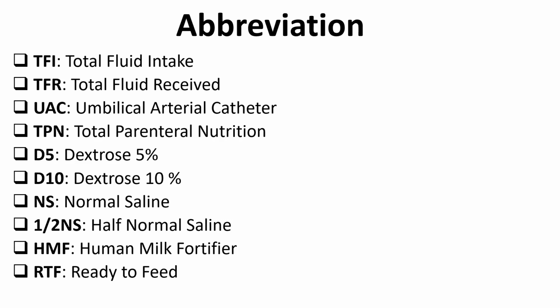Of course, they are different. Fluid intake means in 24 hours, every fluid received: food, milk, water. Let's say today is October 10 and yesterday October 9. Let's say that you are giving an order that in the next 24 hours you will give 100 ml per kg per day. So that's your TFI. Today you came in the morning and you find that the baby received 96 ml per kg per day.